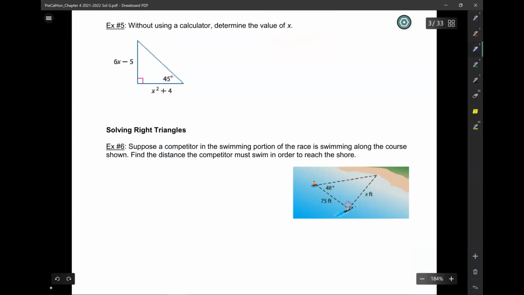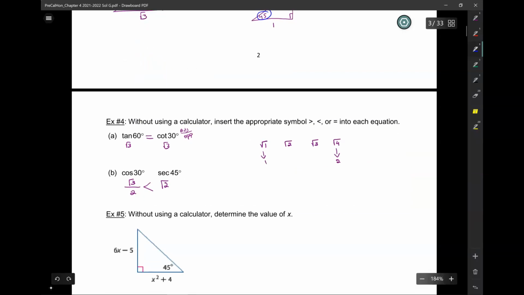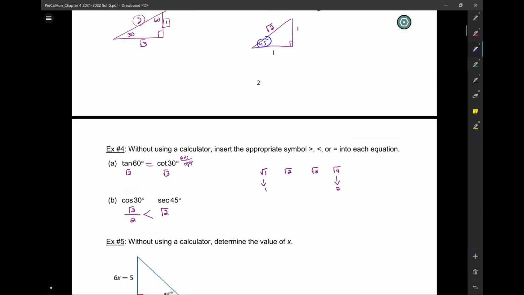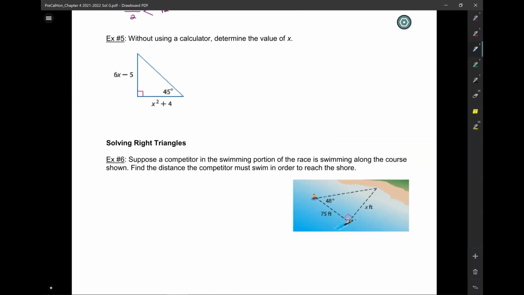These would pretty much all be on a non-calculator section. Like, examples 3 and 4. Well, actually, none of the examples we did so far would ever be on a calculator section. Okay?